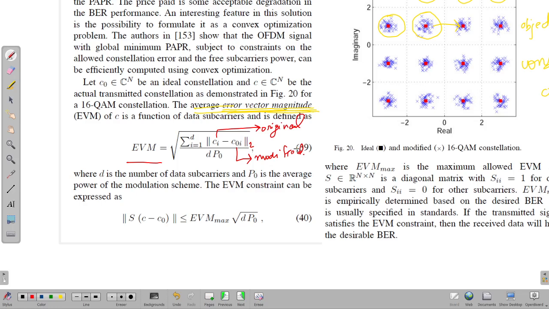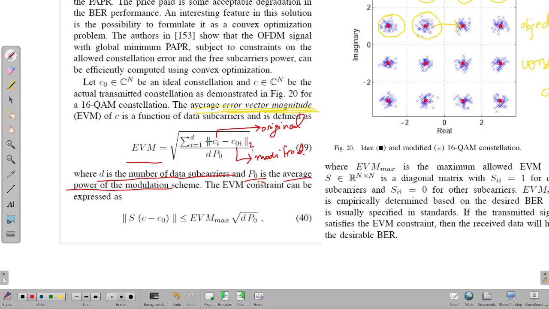When you are modifying the constellation, it actually means that there is some distance between the original constellation and the modified constellation, and the norm of that distance is taken, and you add all those points, and you divide it by a factor d p naught, where d is the number of data subcarriers in the OFDM symbol, and p0 is the average transmit power of the modulation scheme.